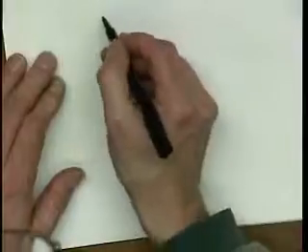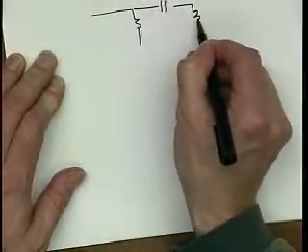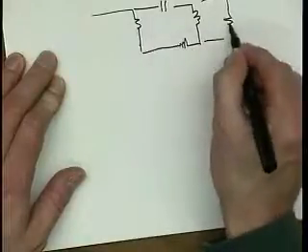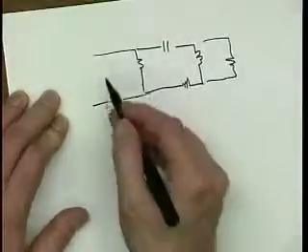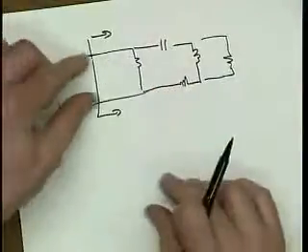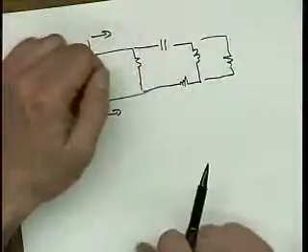Suppose we had a very complicated network with many capacitors and inductors and resistors and more resistors, and whatnot. And we look into this thing here, and we just want to know how much noise this whole thing produces.